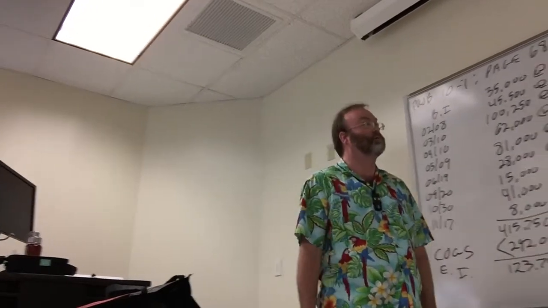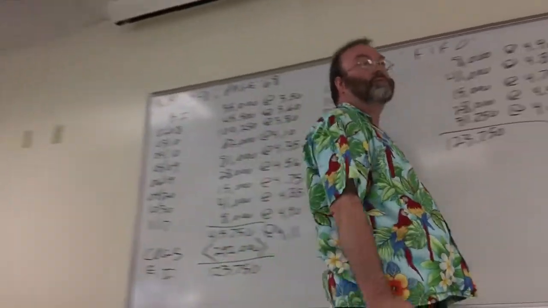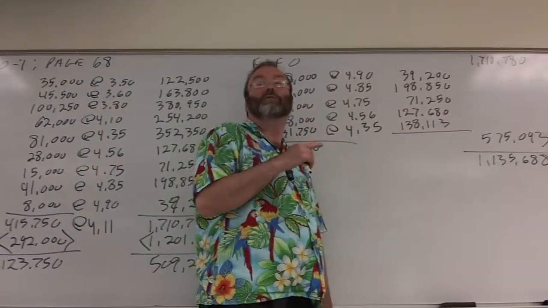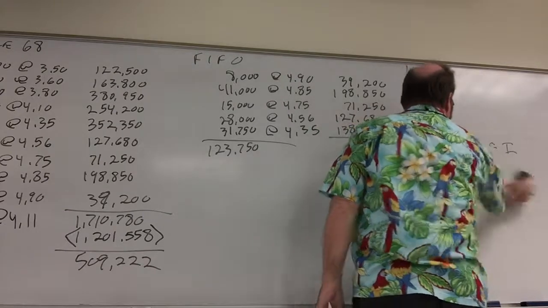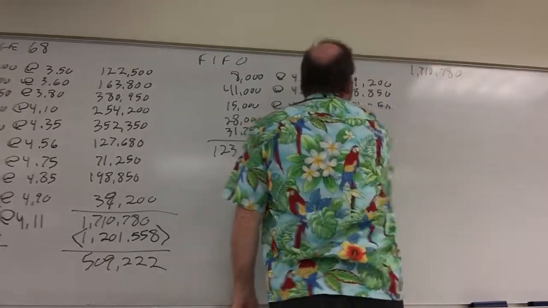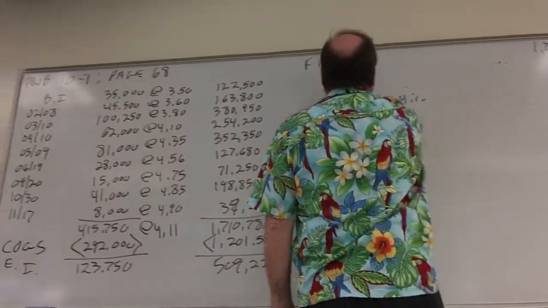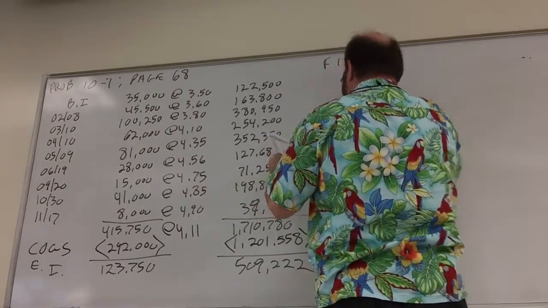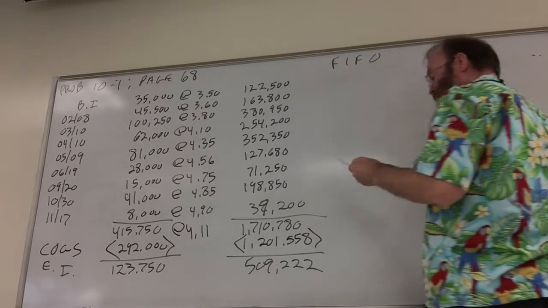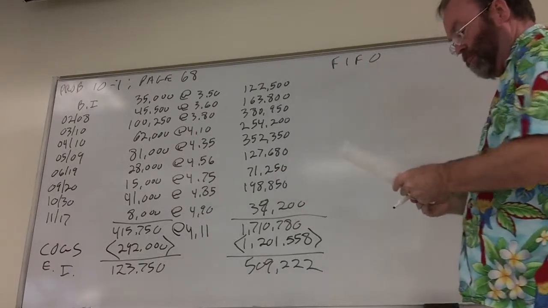LIFO. Everybody got this? What was the final cost of goods sold on that last one? 1,135,688. Okay, thank you.